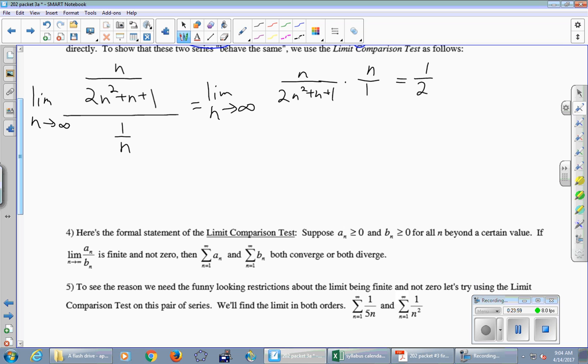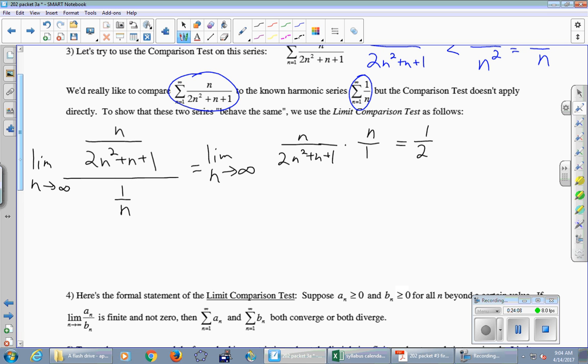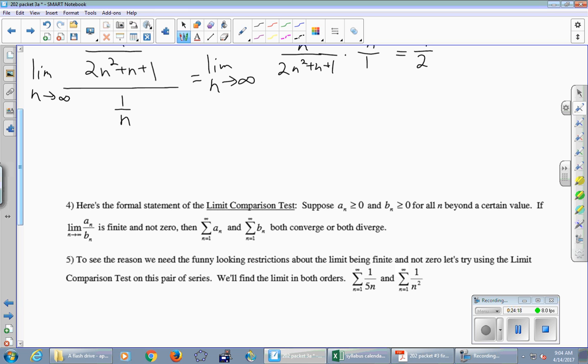All right, so check this out. Here's the formal statement of this brand new thing called the limit comparison test. It has 2 series involved. The 2 series that we have are the one that we started with, circled here in blue, and that sum of 1 over n circled over there in blue. Those are our 2 series, A sub n and B sub n. It says we have to make sure that everything is positive at some point. All that stuff up there is positive with n equal to 1 or greater.